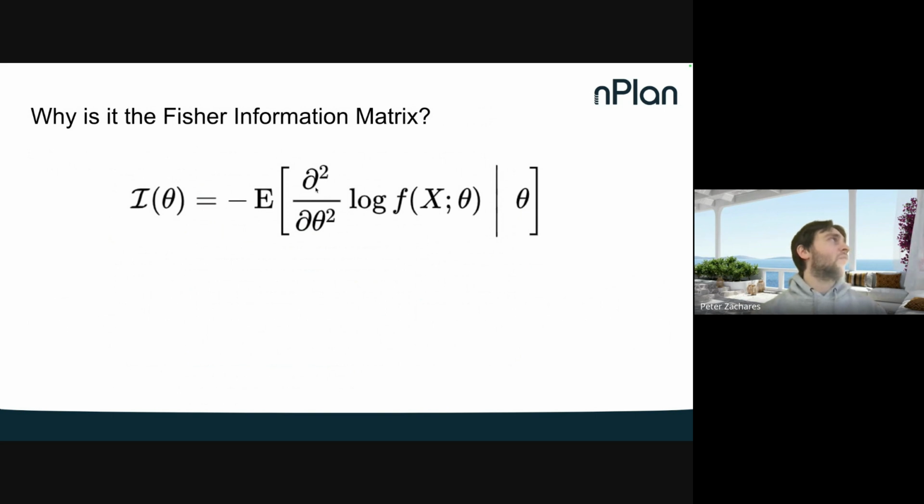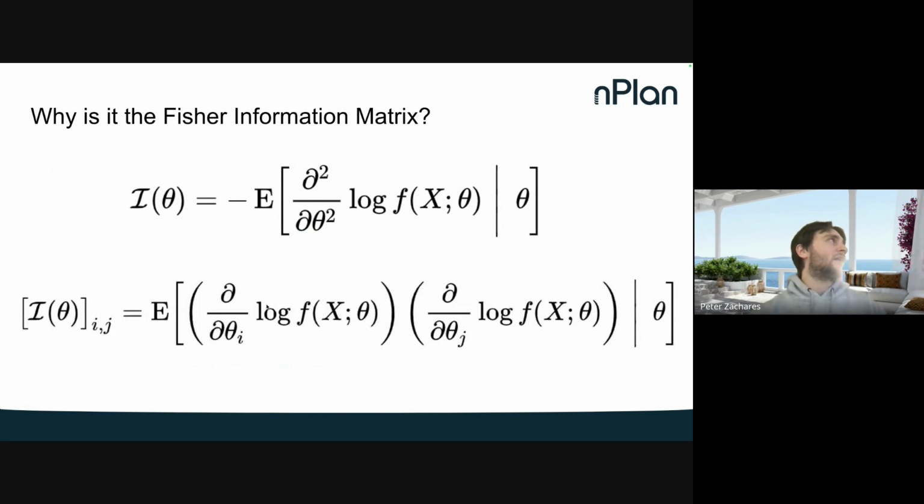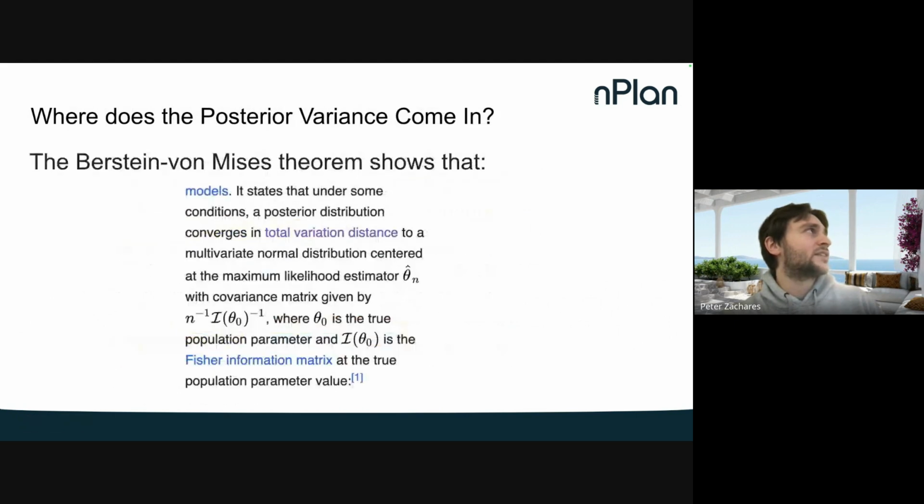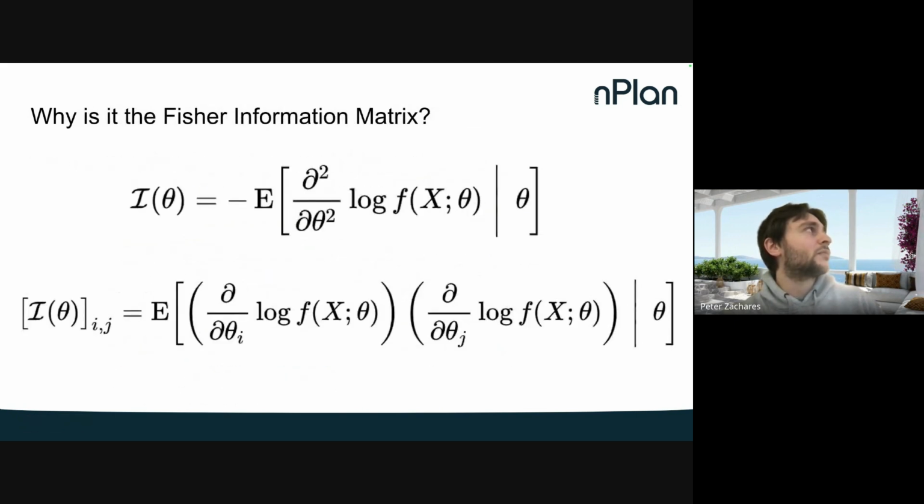And so what that means is that in the multivariate case where there are multiple parameters to your distribution, you can define the Fisher information this way, and it becomes a matrix because you have to take the second derivative with respect to every combination of parameters. And so that's why it's called the Fisher information matrix. These last two I just included as FYIs, so you know about them.